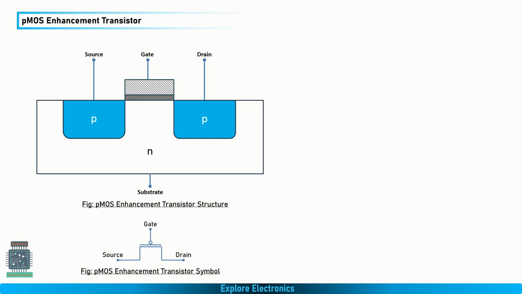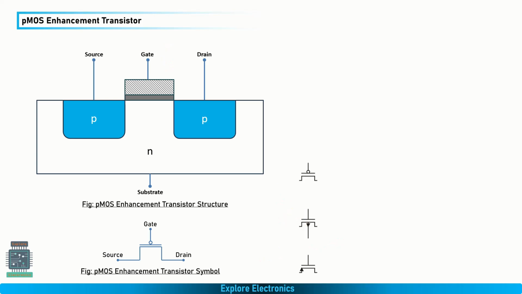If you look at the structure, the symbol will look similar to the enhancement type N MOSFET, but we will have a bubble here. This bubble indicates we need to apply a negative voltage from the gate to make the channel created, and also we need to apply the voltage negatively to make the transistor on. That is the meaning of putting a bubble over here, right?